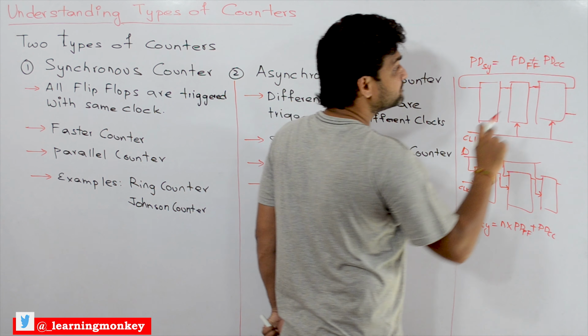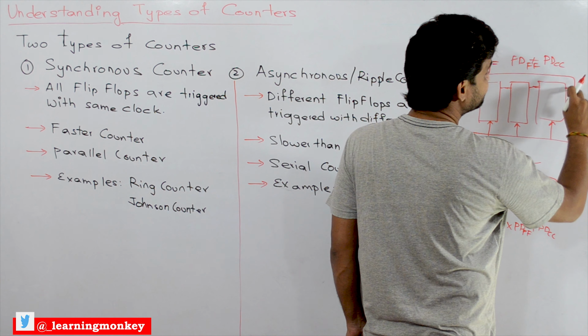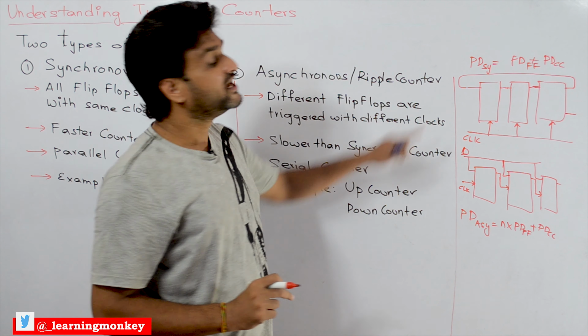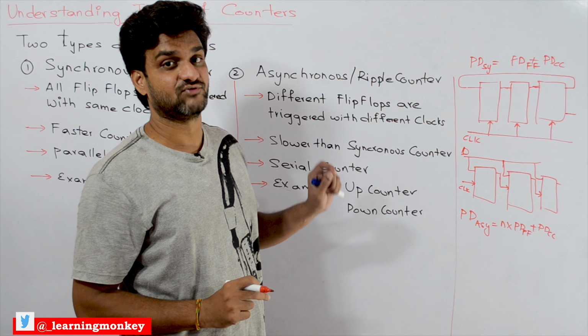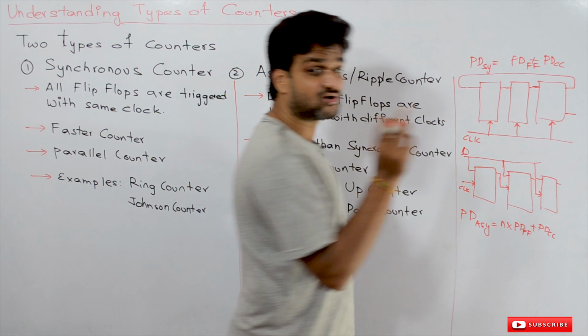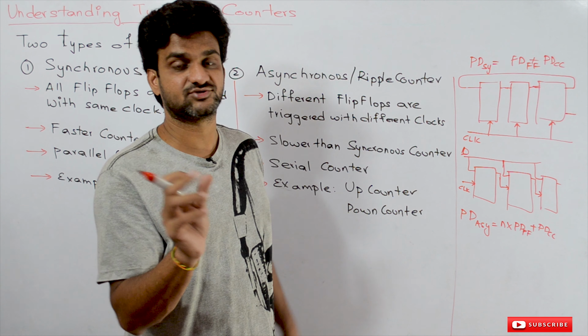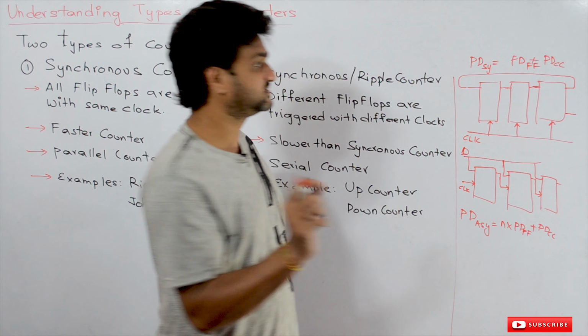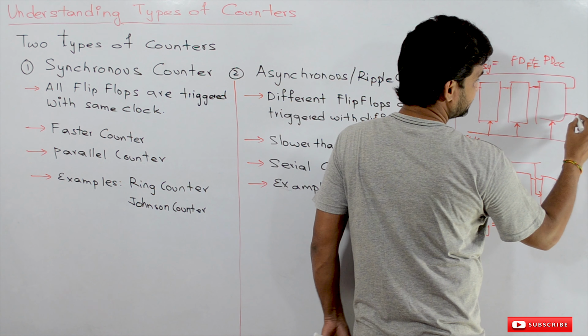If the output of the last flip-flop is connected to the input of the first flip-flop, we call it a ring counter. I am getting mixed up between flip-flop and counter, please try to get the clarification.